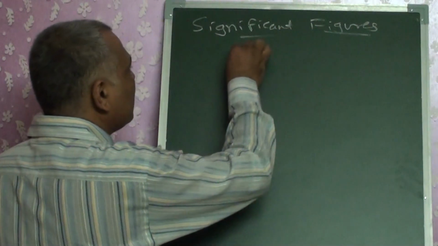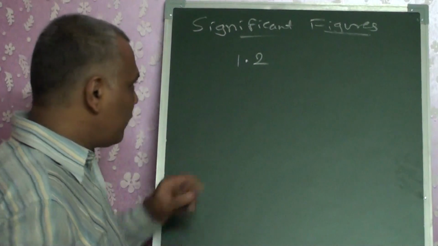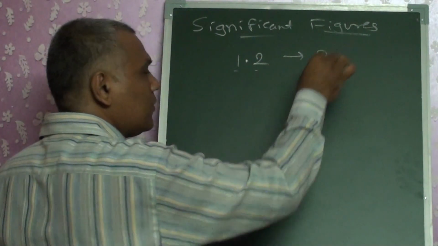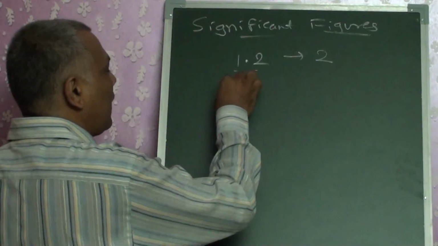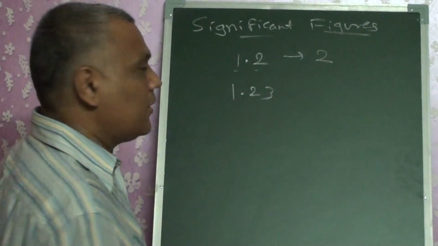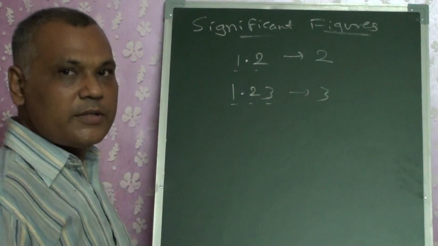What is a significant figure? Take 1.2. What will be the significant figure for it? 1 and 2, digits are there. 2 digits are there, so its significant figure is 2. If I have 1.23, that means it has 3 figures, so the significant figure is 3.